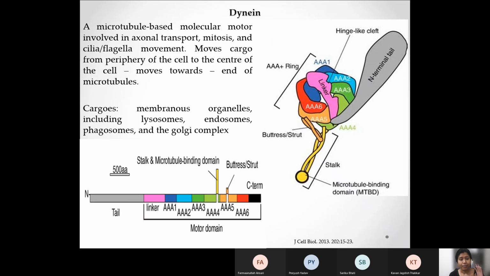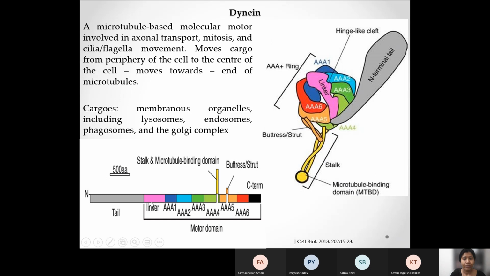But nevertheless, the N terminus is what we will call the tail, and it is what is going to bind to the cargo. Followed by this, you have something called the linker region. And after the linker region, you have these 6 modules of AAA ATPase domain, right? And the 6 modules come together to form a ring-like structure, as you can see here.